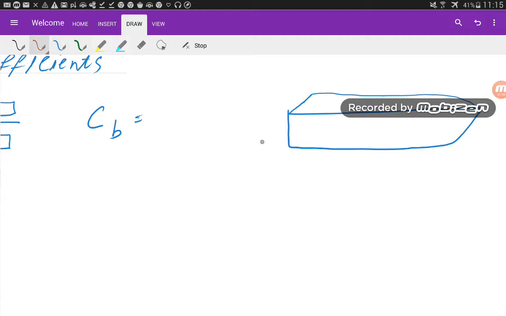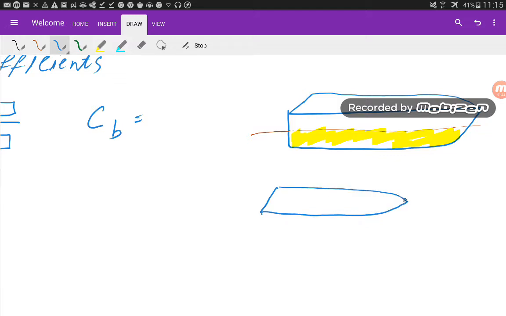This is the waterline, and this is the underwater area. If we cut the top side, what we have is the water plane area. This is AW, the water plane area.